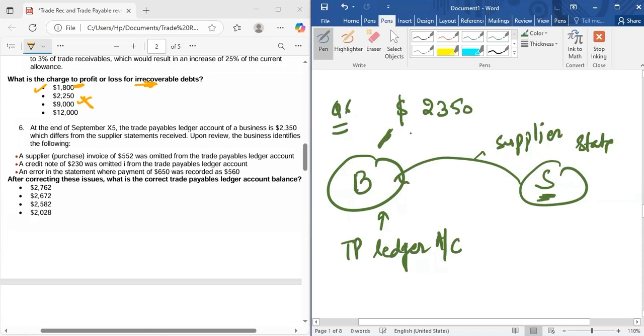Suppose according to me, I owe you rupees 200, but you tell me that no, you do not owe me 200, rather you owe me 300. Similarly, the trade payables ledger is according to the business, and the supplier statement is made according to the supplier, and the supplier sends this statement to the business.